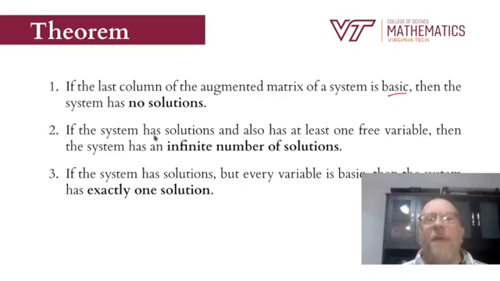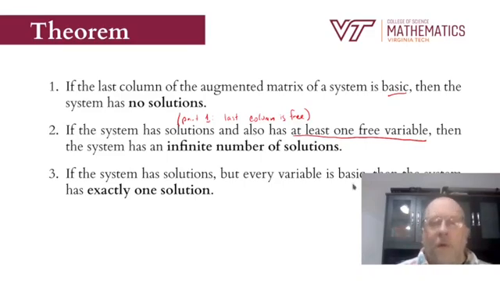If the system has solutions, which based on part one says that the last column has to be free, and also one of the variables is free, then the system has an infinite number of solutions. If the system has solutions but all the variables are basic, then the system has only one solution.